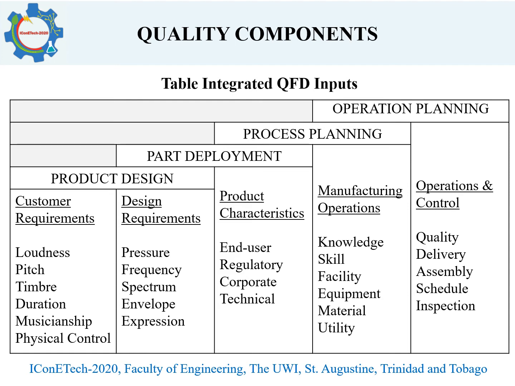And these design requirements are then introduced to the part deployment QFD, which are translated to product characteristics for the process planning QFD. These product characteristics are translated to the manufacturing operations to create the operation planning QFD and used to give the operations and control parameters.